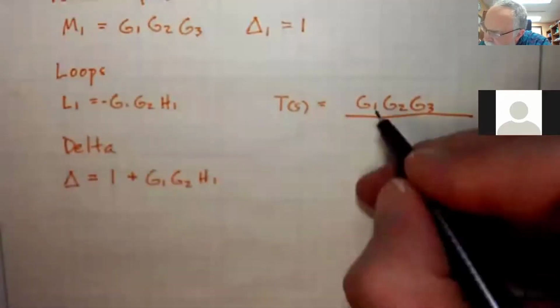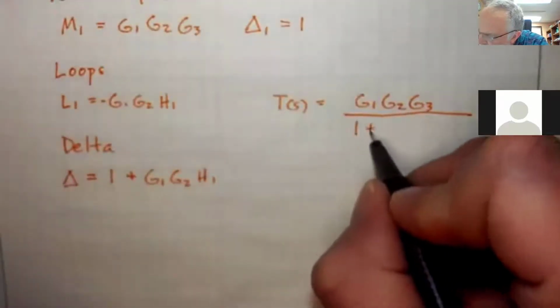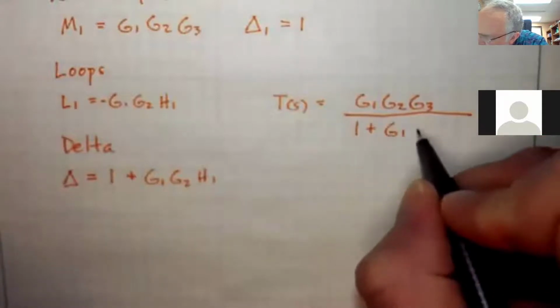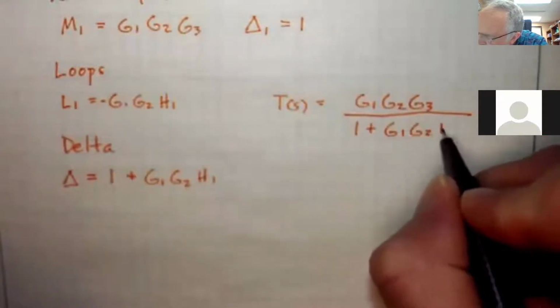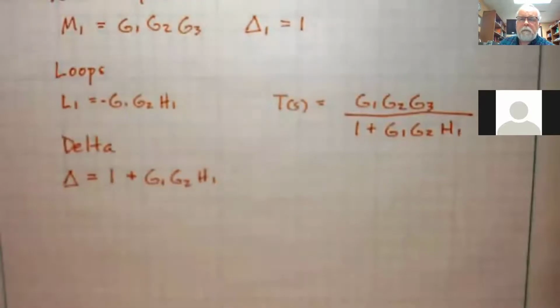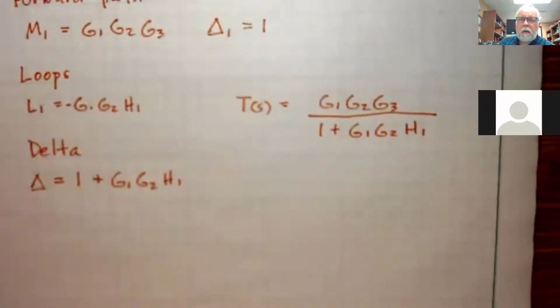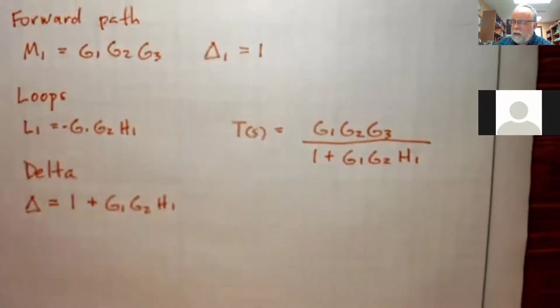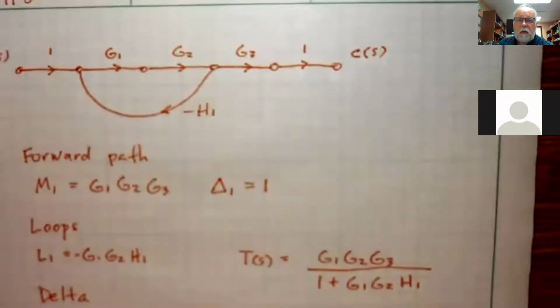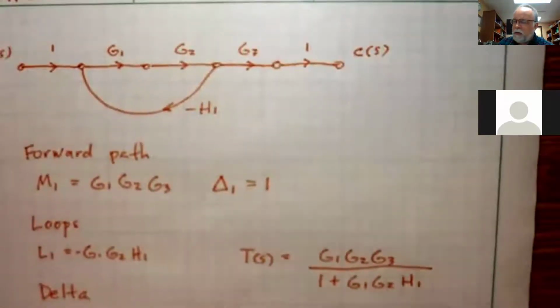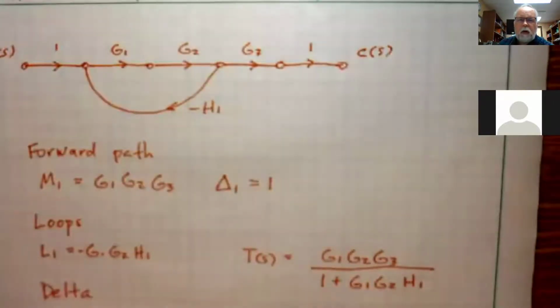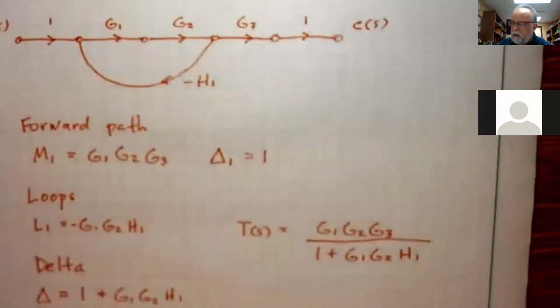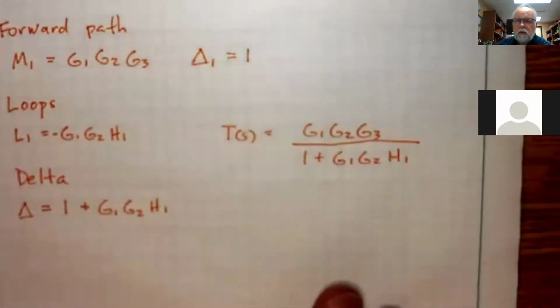And then it's divided by our delta, 1 plus G1, G2, H1. That's how we would come up with the overall transfer function for this system. Like I said, it's like you had a resistor network, you're coming up with the total resistance. This is the total transfer function.